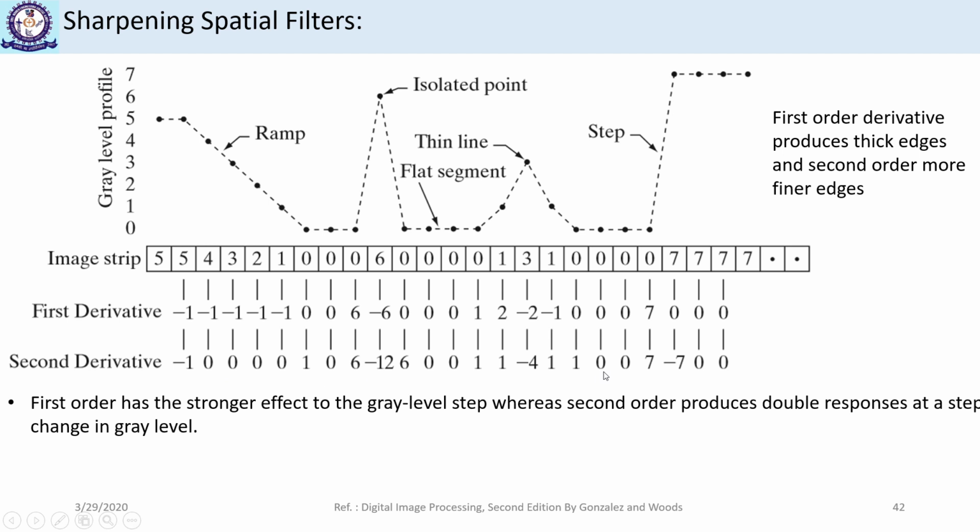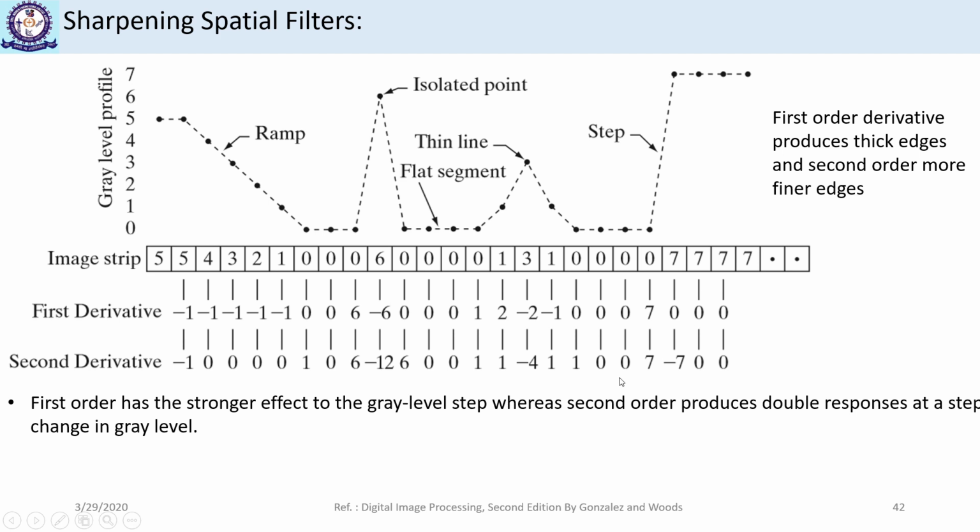And if we look at this, then this is your step signal. That means it is suddenly changing from 0 to a particular brightest value. So we can say the first order derivative has a strong effect for the gray level step signal, whereas the second order derivative will have a double response.